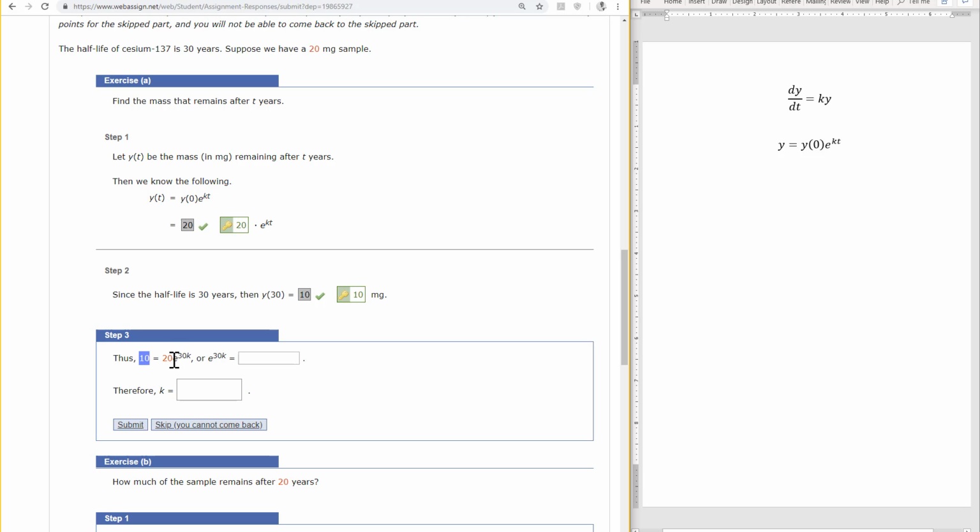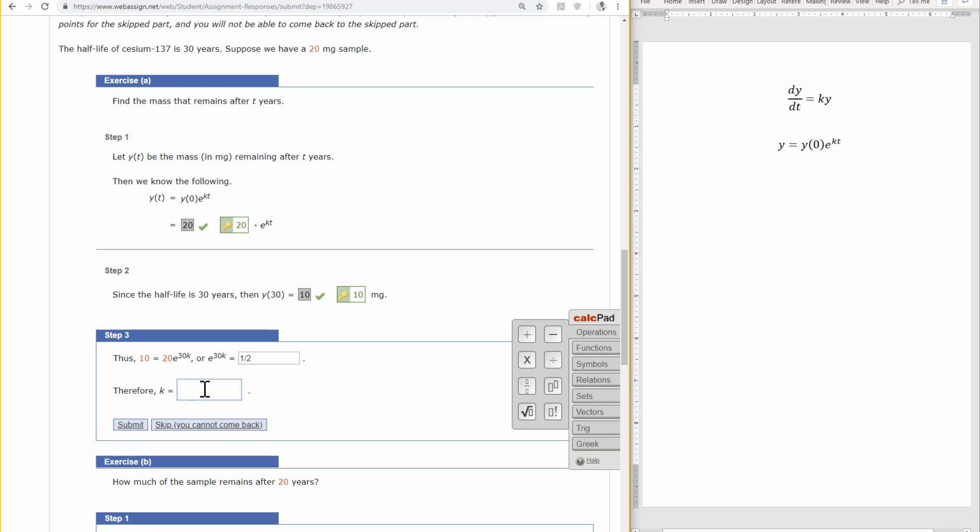So when we solve for this, we're going to divide by 20 to get e to the 30k by itself. So this is going to be 10 over 20, which is 1/2. And then if we solve for that, we'll take the ln of both sides. We're going to have 30k is equal to ln of 1/2, and then we'll divide by 30.